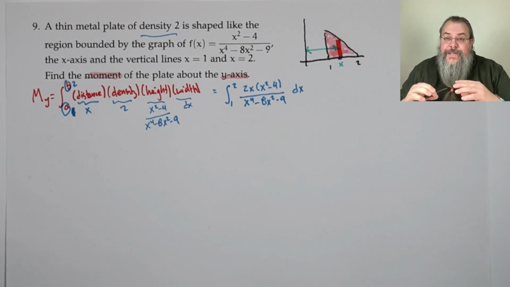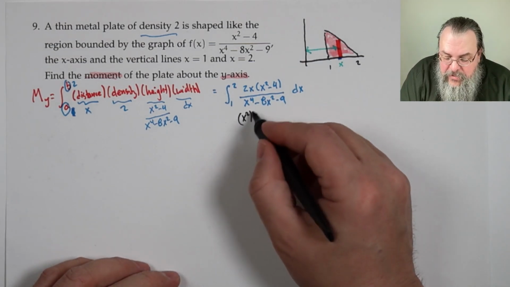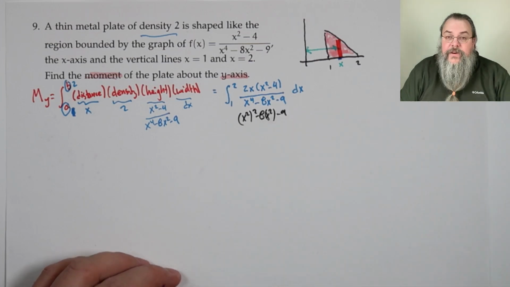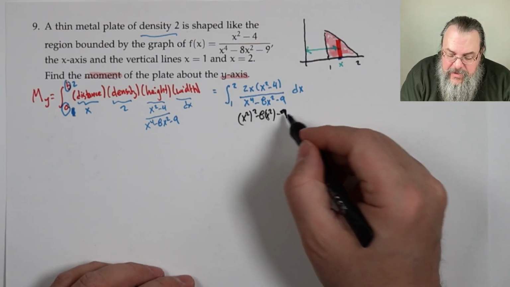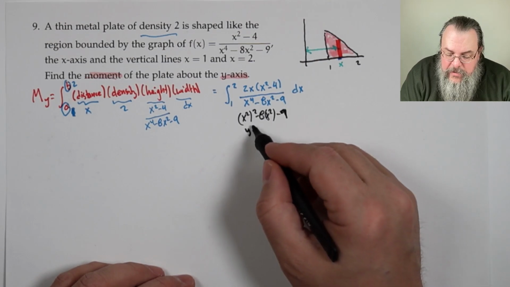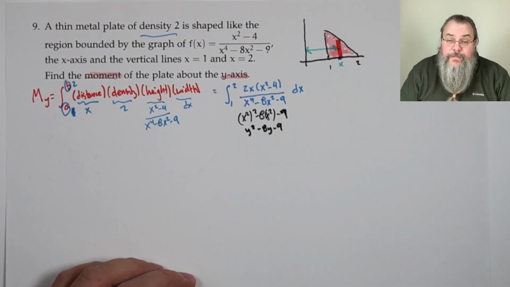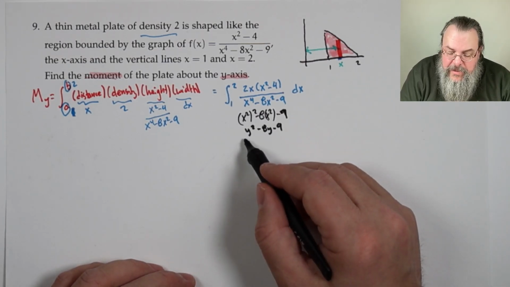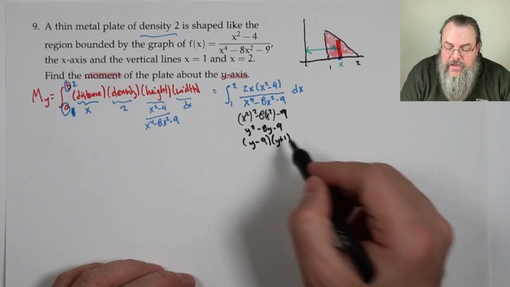But notice everything downstairs is even powers. So this looks like an x squared squared minus 8x squared minus 9. So if you sort of channel and say, well, let me just think about this as like a y squared minus 8y minus 9, you could probably factor that. Because that factors not too badly. It's y minus 9 and y plus 1.